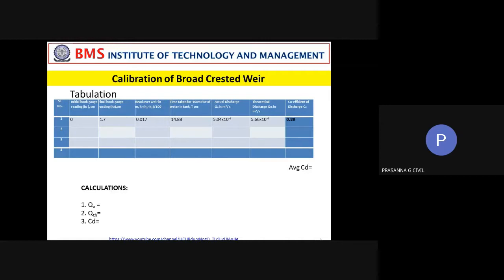The time taken for water to collect for a 10 centimeter rise in the measuring tank is indicated in seconds as 14.88. So these are the readings that will be taken from the experimental setup.